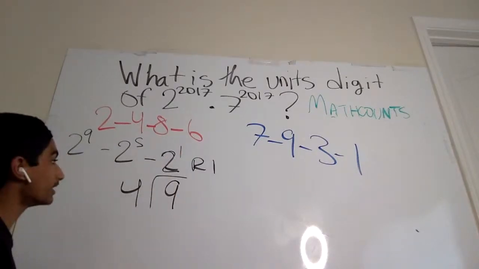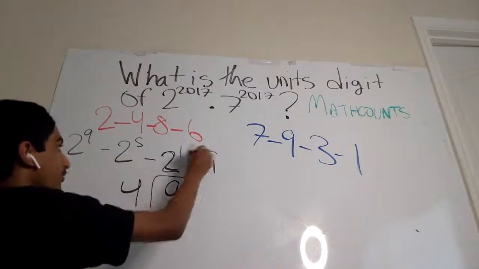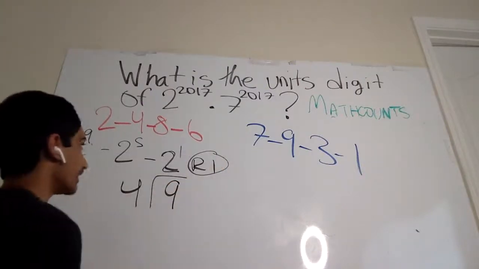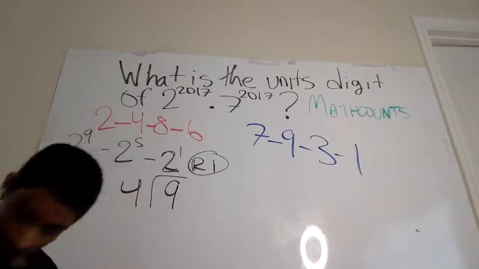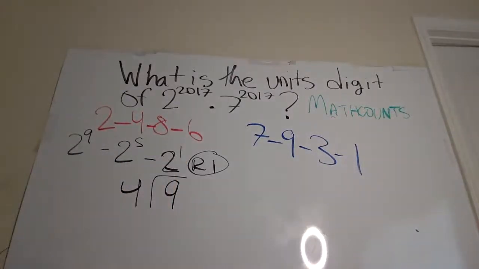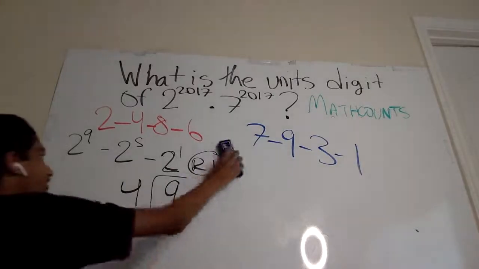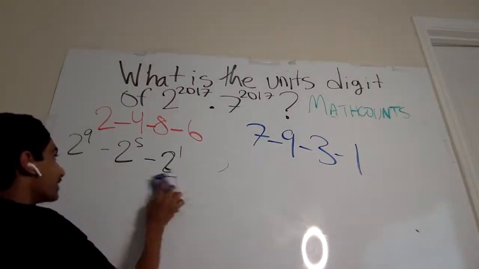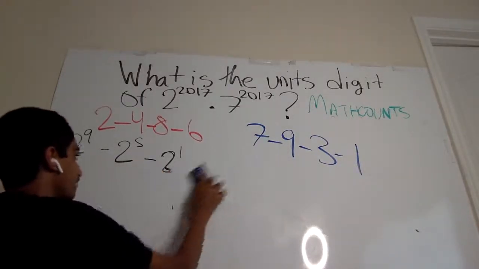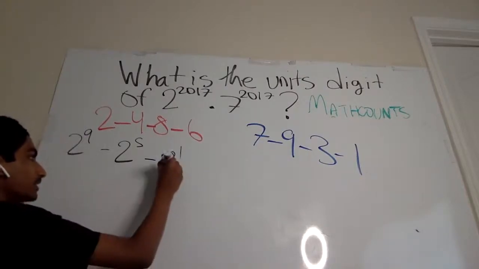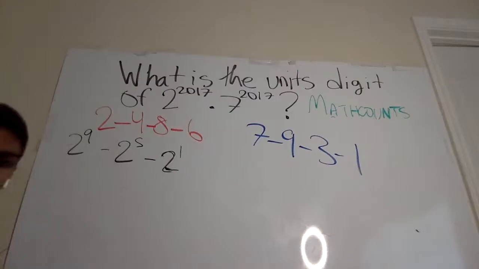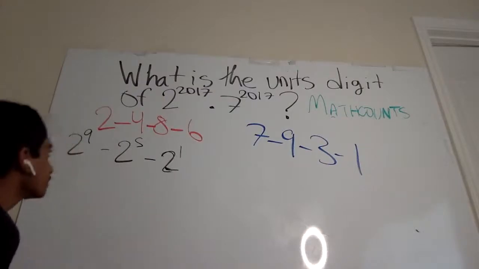Because it has a remainder of 1, which is the key thing we're looking for, it converts from 9 to 1 just like that. And we can use something called modular arithmetic. I'm not sure if you guys are familiar with that, so we won't get too much in depth into that. But basically, our trick is if we divide by 4, we can just solve it.